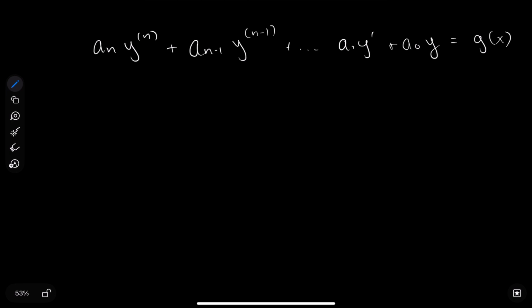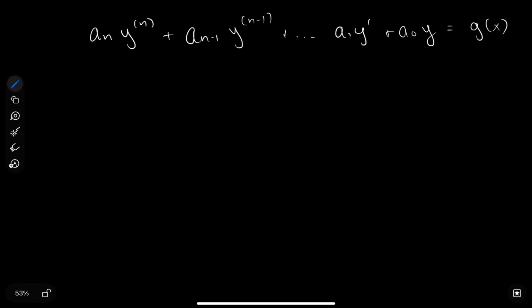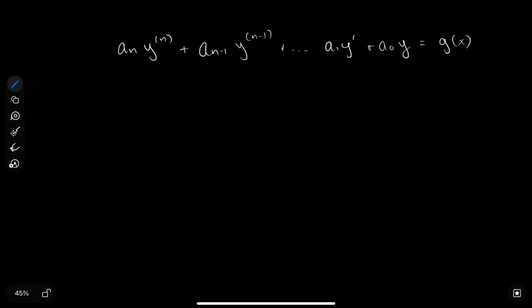Now, we can do an example using variable coefficients. As long as a sub n minus 1 and the others do not contain y in any capacity, and as long as these terms are all linear, so we're not squaring them and not taking functions of them.